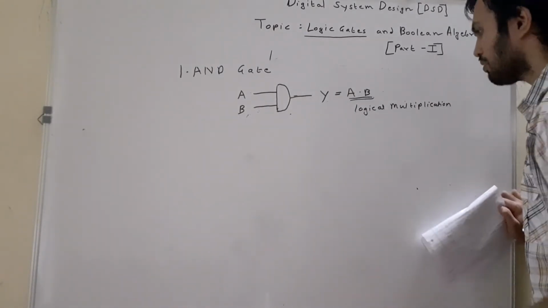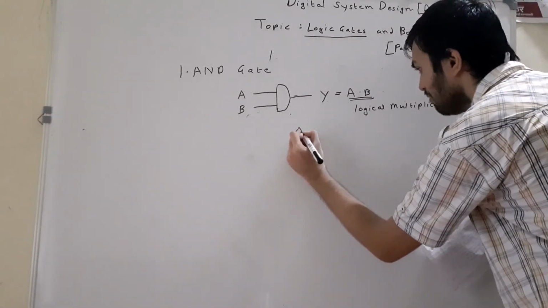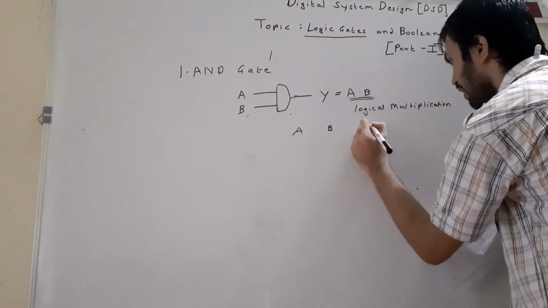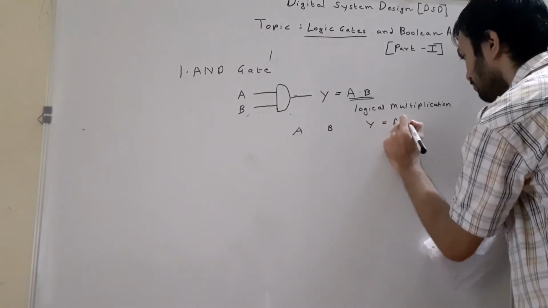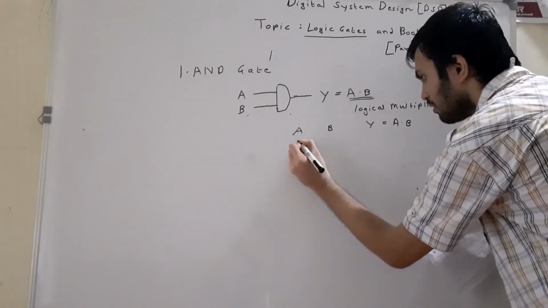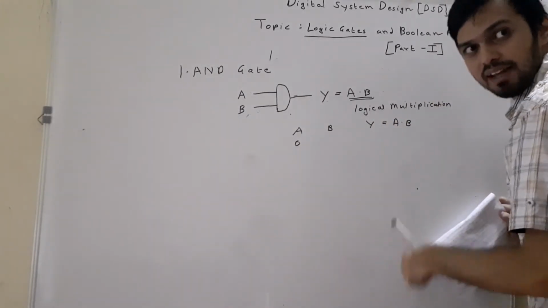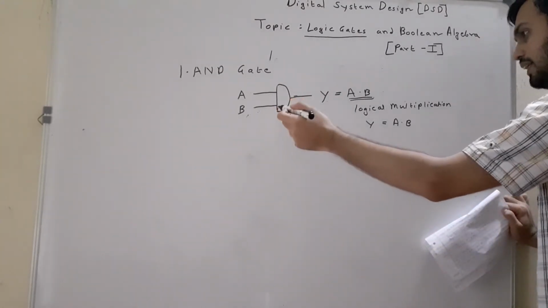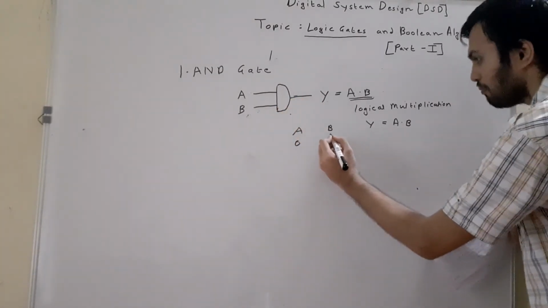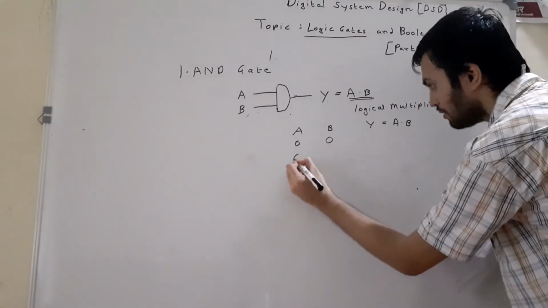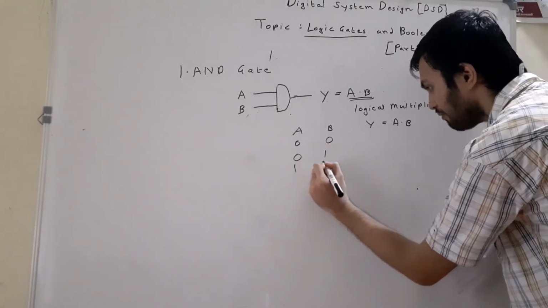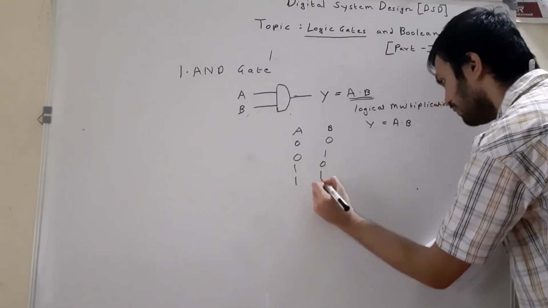Now what is its truth table? Here we have A, B, and output Y equal to A into B. As there are two digital bits at the input, I will have four input combinations: 0 0, 0 1, 1 0, and 1 1.